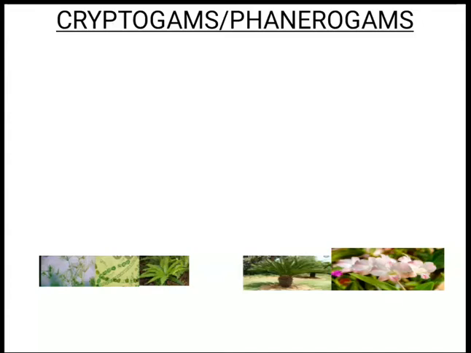Cryptogams can be easily differentiated by the absence of flowers in this particular part of plant kingdom. So if flowers are absent, fruits will also not happen, and if fruits are absent, seeds will not be present in these plants. Let us see the differentiating characteristics.